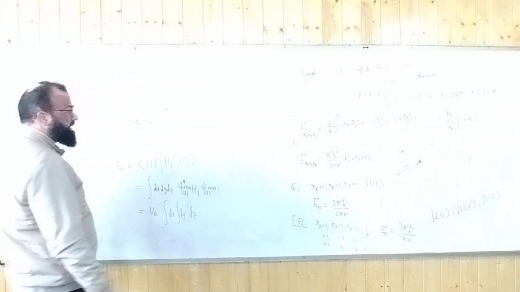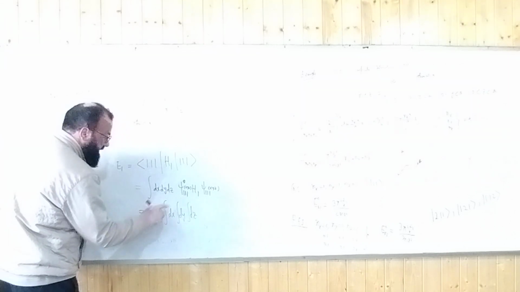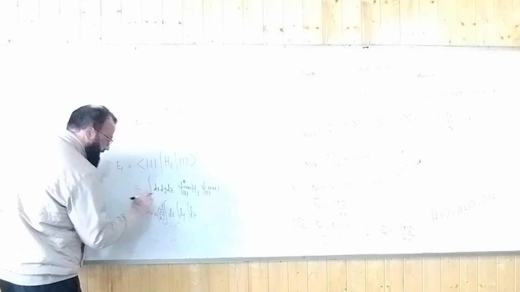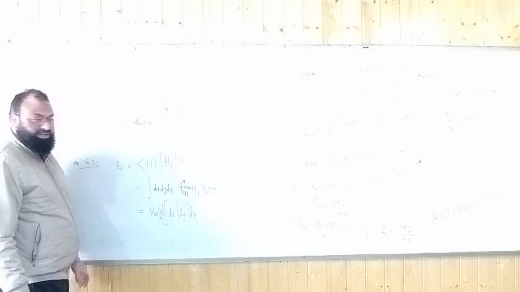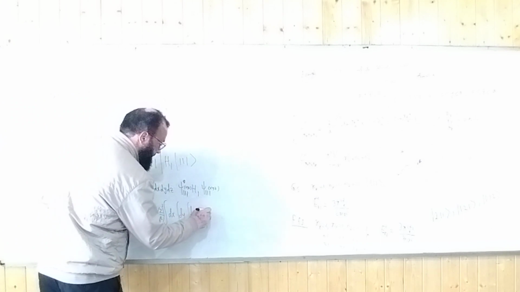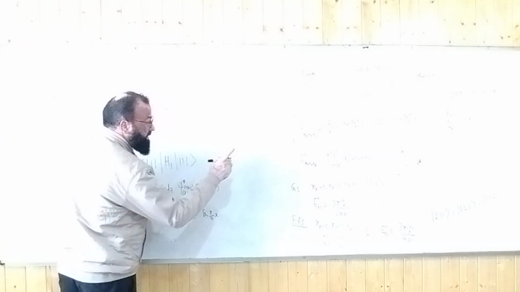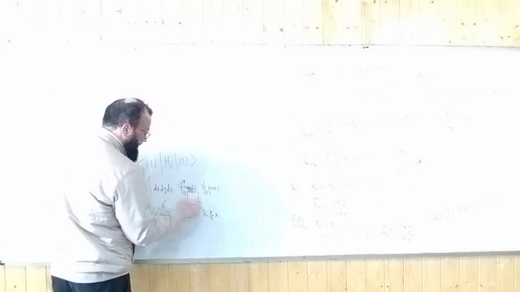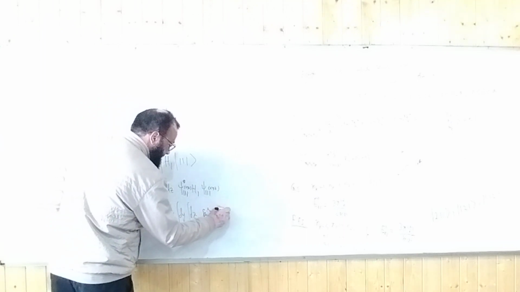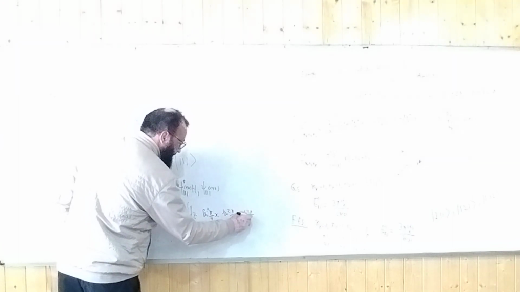So it's 2 by a, which will come out from the factors. Then you have sine of pi by a x, sine of pi by a y, and the other factor will come from here, so it will be sine square. Sine square pi by a y and sine square pi by a z.